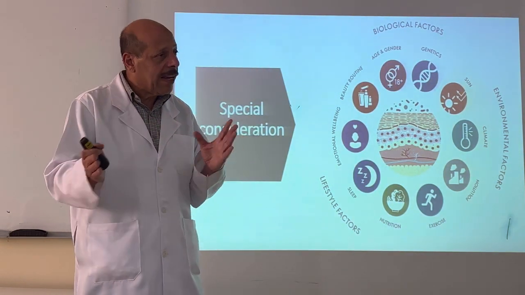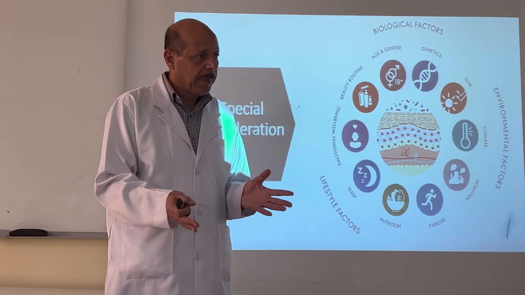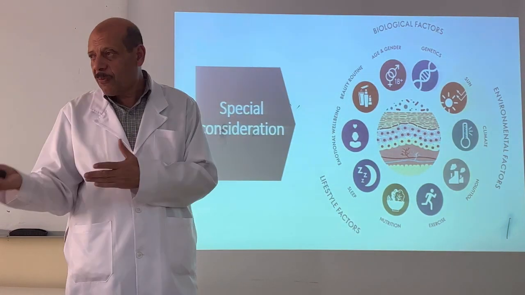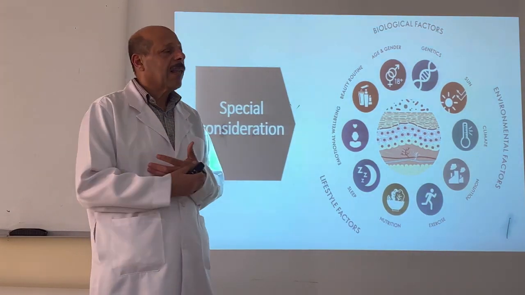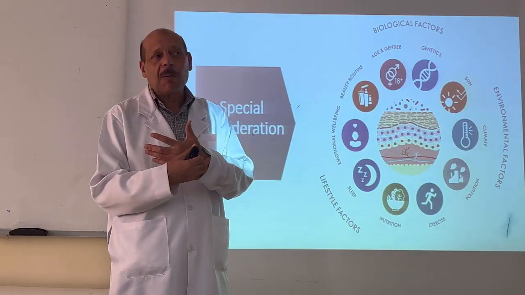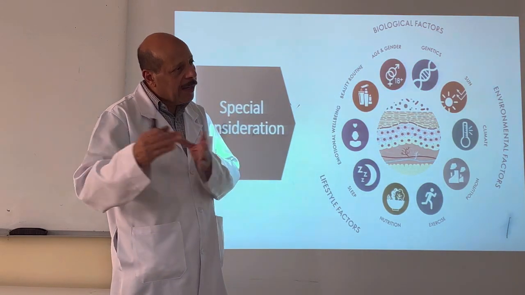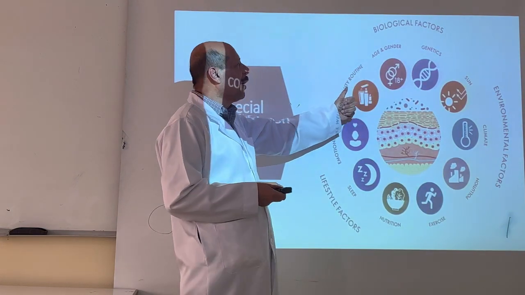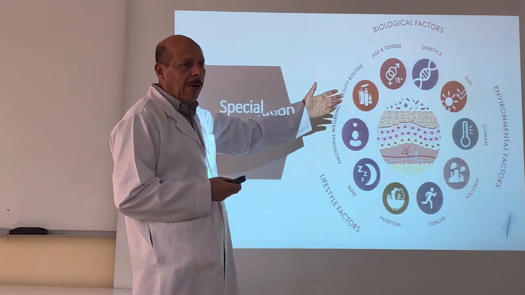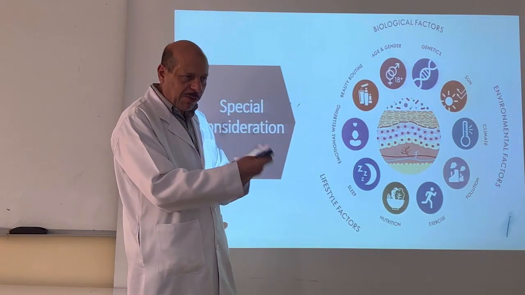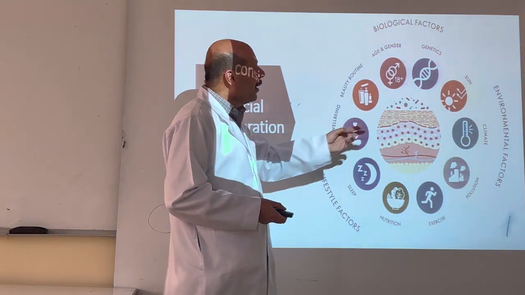According to the age, the expectation of the skin and how the skin will look is different. Because the amount of water and the amount of subcutaneous tissue will be affected by the gender and also by the age. In old age, we will expect some changes also due to the old age.